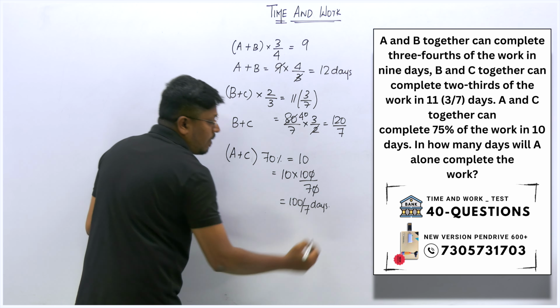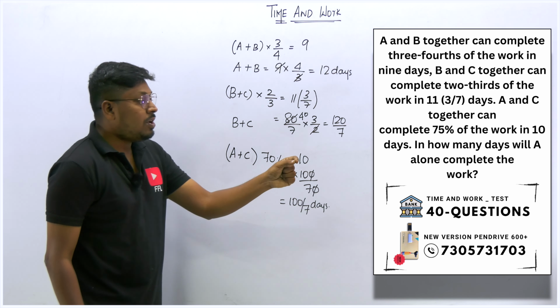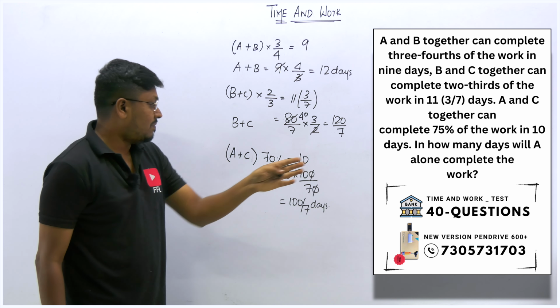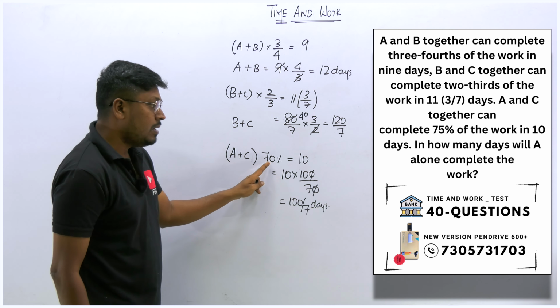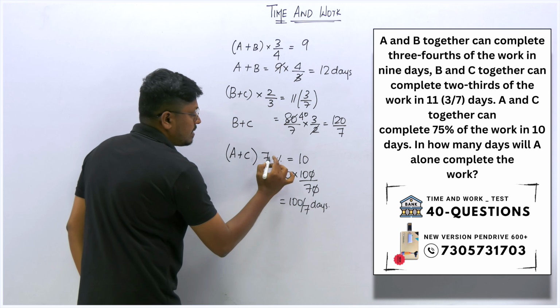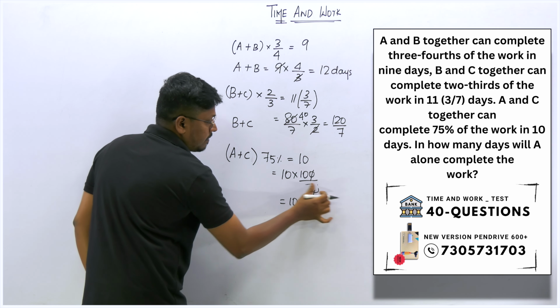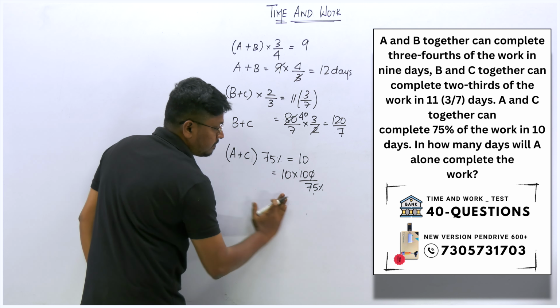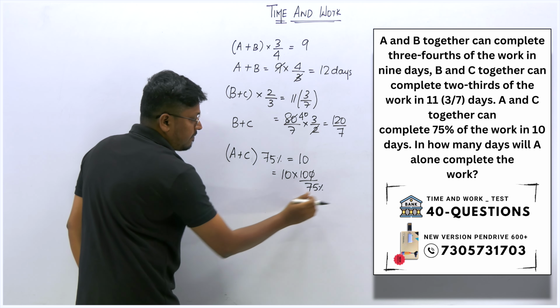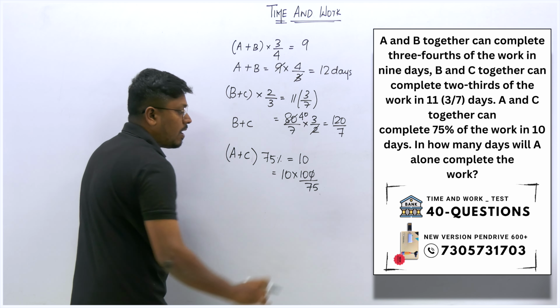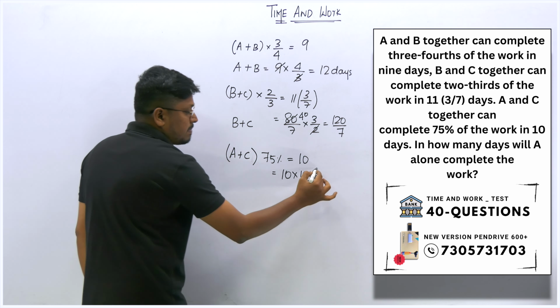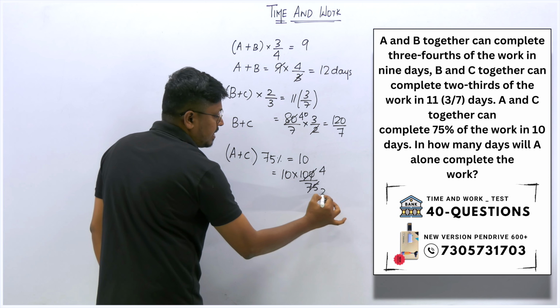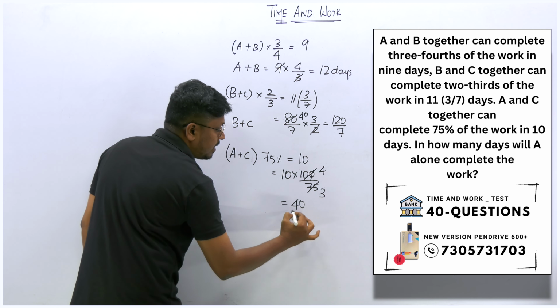Sorry, I'm really sorry, it is 75%. If it is 75%, we can cancel it on the 25 table: this becomes 4 times and this becomes 3 times. So the answer will be 40/3 days.